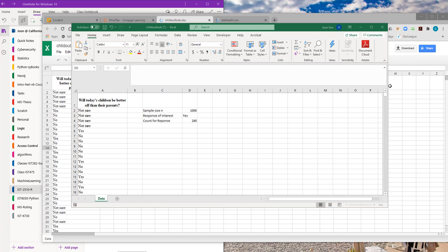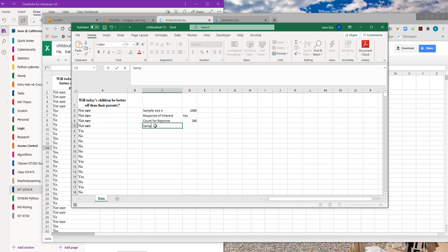Then the sample proportion, p bar, is 240 divided by 1,000. That's the percentage of people saying yes.